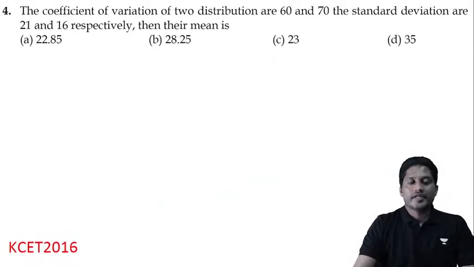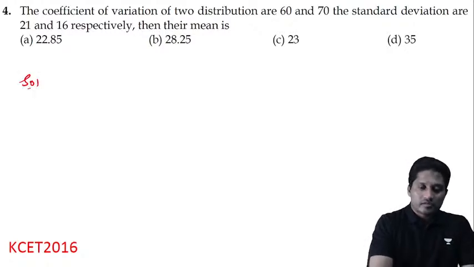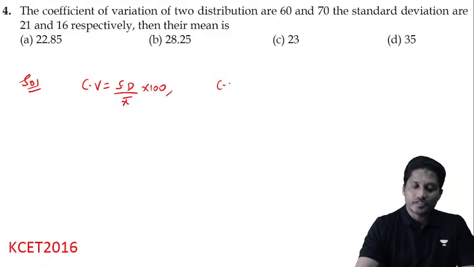The coefficients of variation of two distributions are 6 and 20. Coefficient of variation is standard deviation by mean into 100.